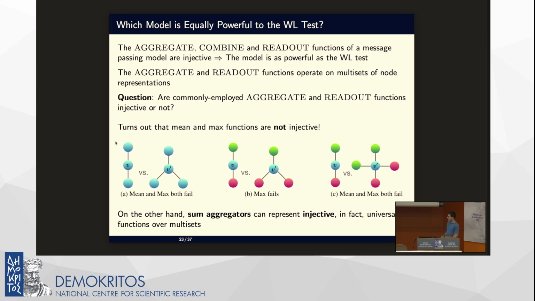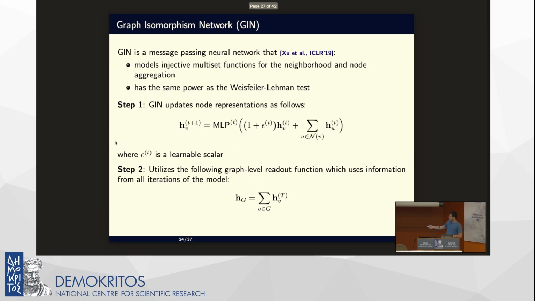In general, the sum aggregator can be injective, so we can have models that can be as powerful as the WL test. And in fact, one model that, if proper weights are learned, is that powerful is the graph isomorphism network.